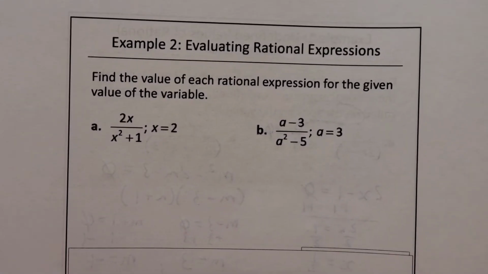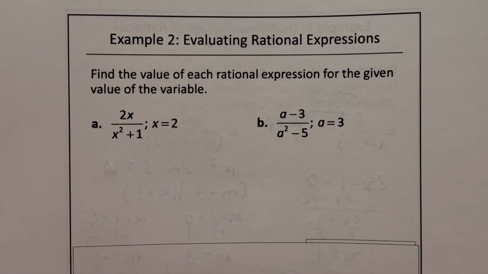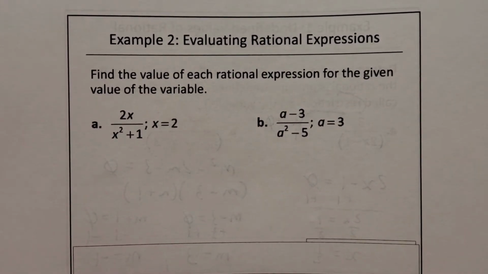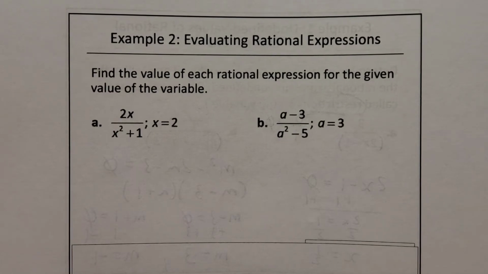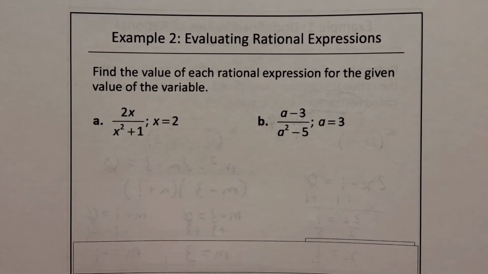All right, so let's go on to example 2. It says find the value of each rational expression for the given value of the variable. Now this one is simply asking us to substitute 2 for x, and we've done this through each unit. So in other words, this isn't asking what the restrictions are.